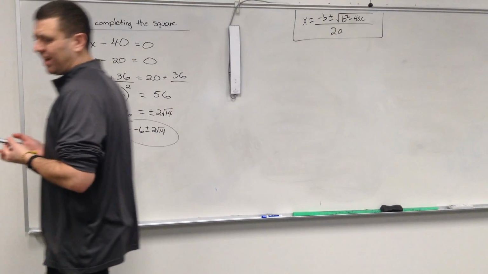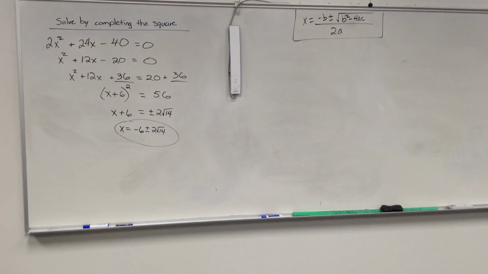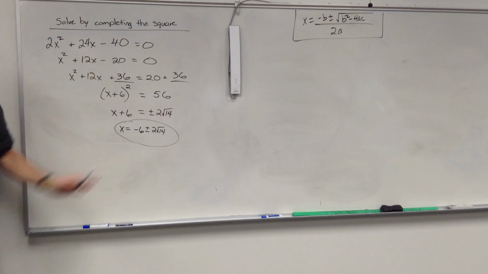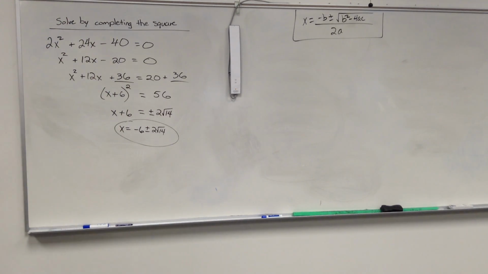In advanced math, I want to show you why that formula works, or why we can use it. We're going to take the exact same process here, but we're not going to use numbers. Which is basically showing you how it's true for every number there is.